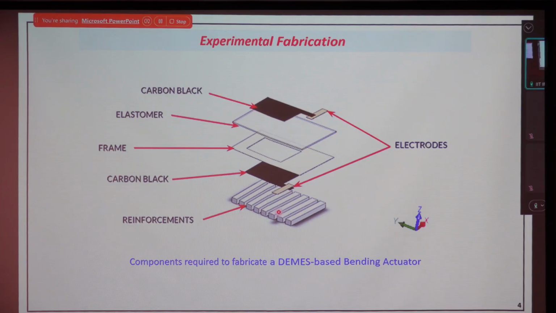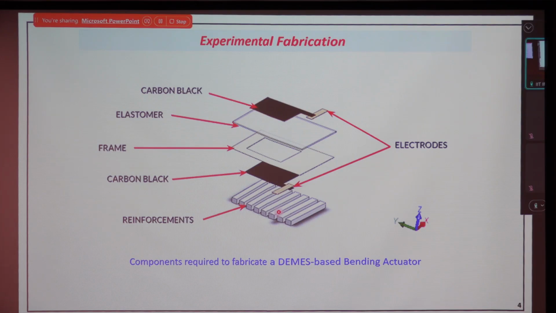Can anybody tell why the requirement of stiffener comes into the picture? To avoid warping. The first concern is that when we develop a simple bending actuator, we require in-plane deformation. We want this type of bending motion only. But what is happening at the tip is that there is some out-of-plane deformation like this.